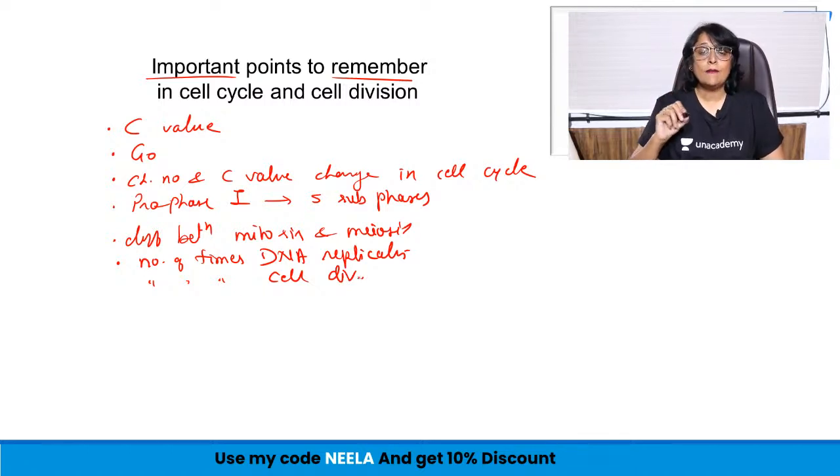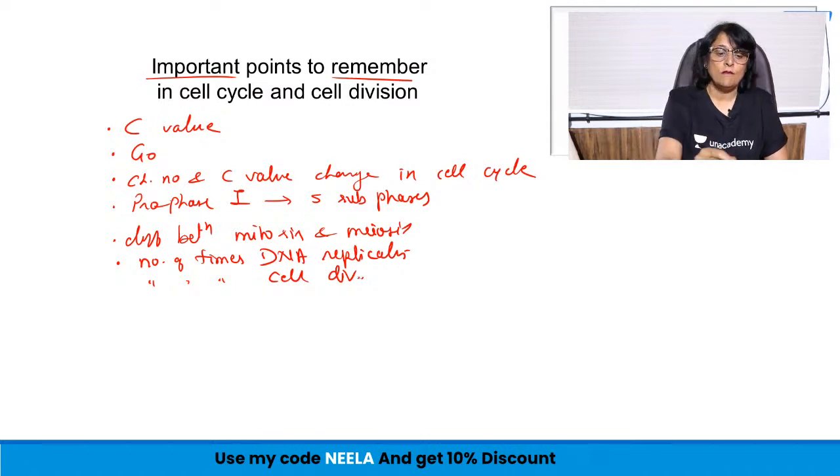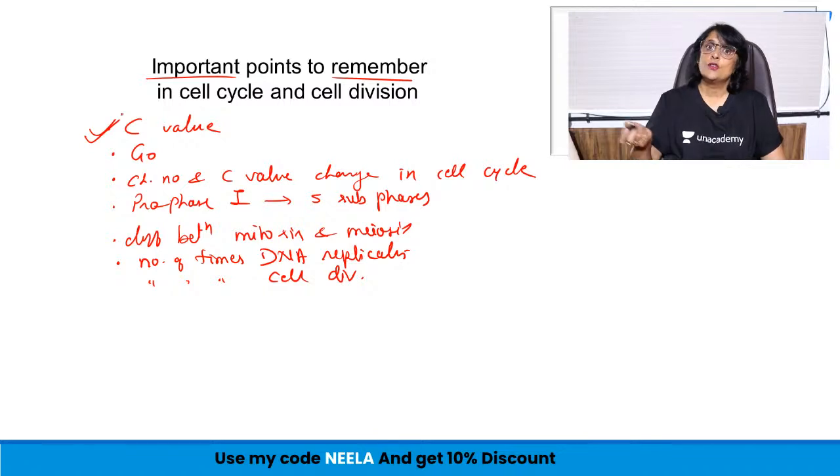This you have to revise till everything is clear. In the earlier lectures when we were talking about C value, we did a few practice questions on C value also. So keep practicing such type of questions so that you don't forget the basic thing. But once you understand the concept, these things will be very easy for you.